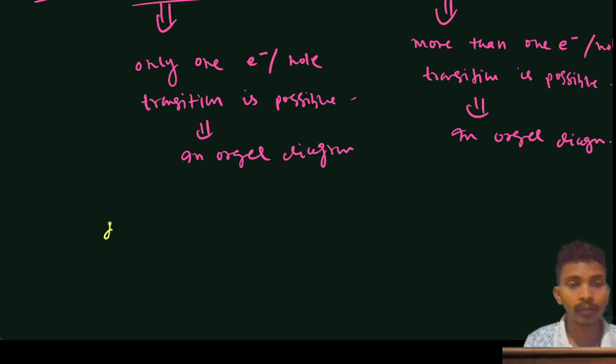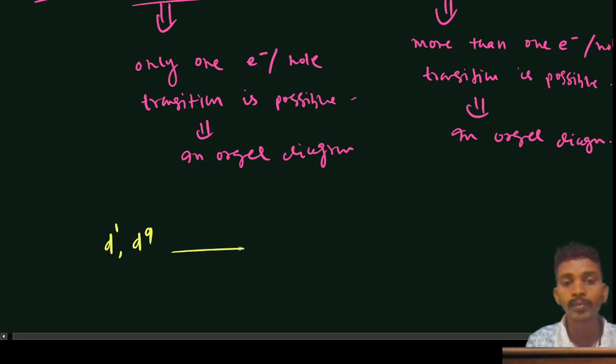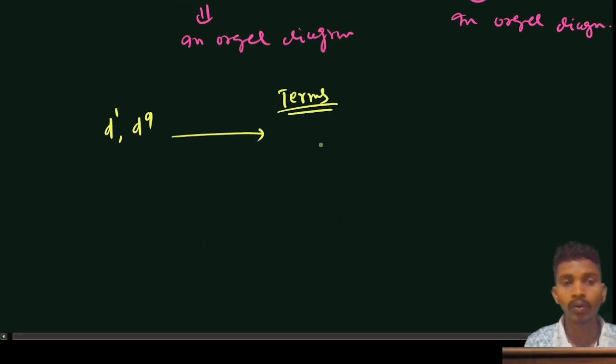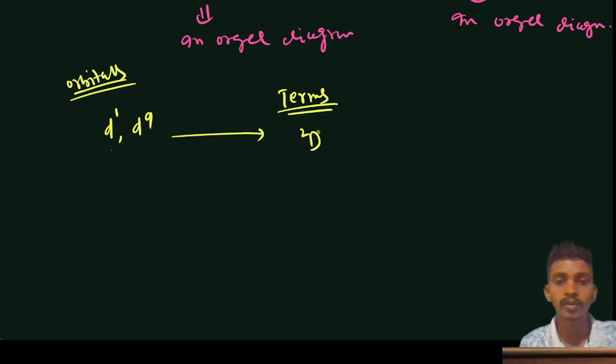So you see that for d1, it is already discovered that whenever d1 orbital is there or d9 orbital is there, then the term is always D. Okay, that is already discovered. Similarly, if the orbitals are d2 and d8, why I'm saying d1 and d9, that is actually 10.